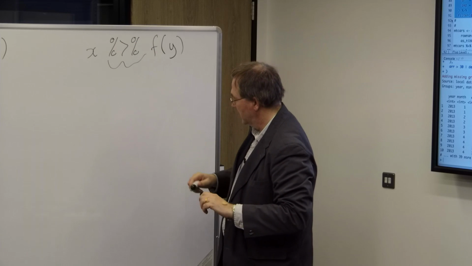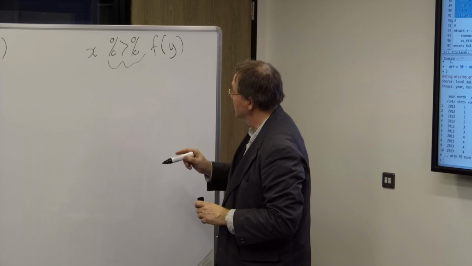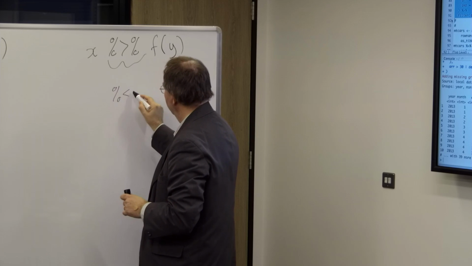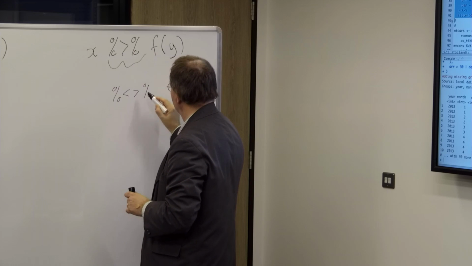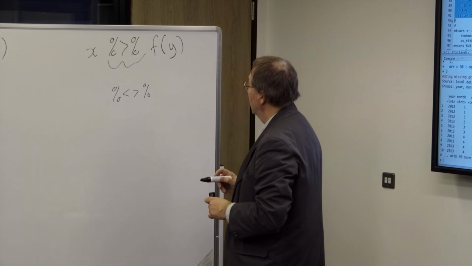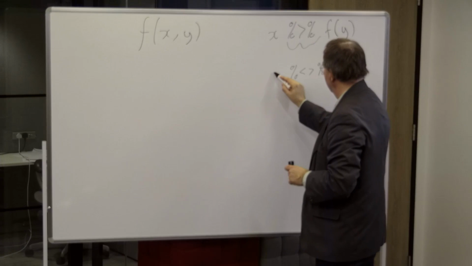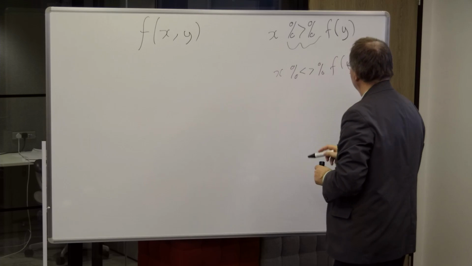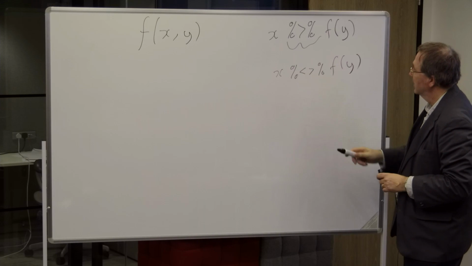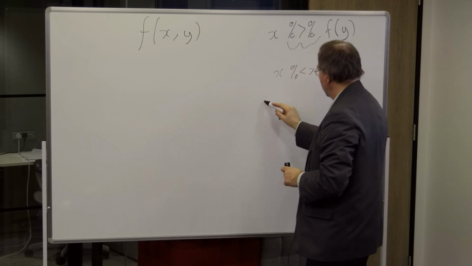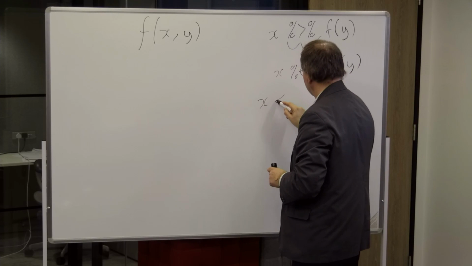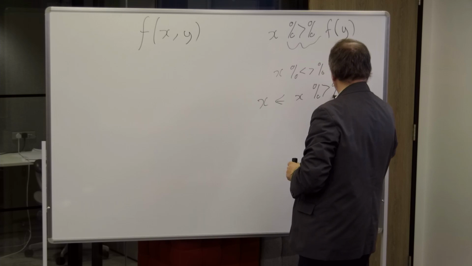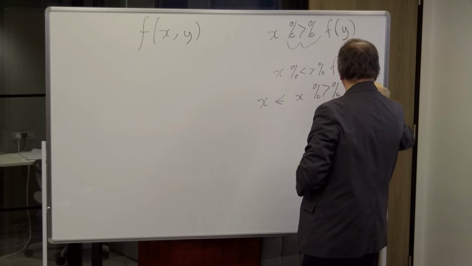There are, I think, a couple of additional ones. So I think you can say double angle bracket, and that does the following. If I say x, f, y, then with the double angle brackets, it's effectively doing x becomes x percent angle percent f of y.